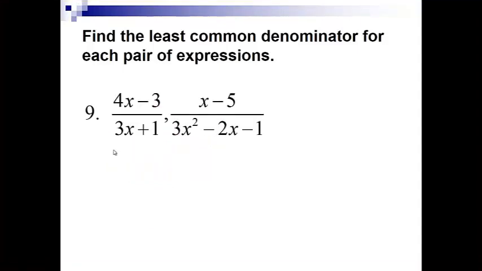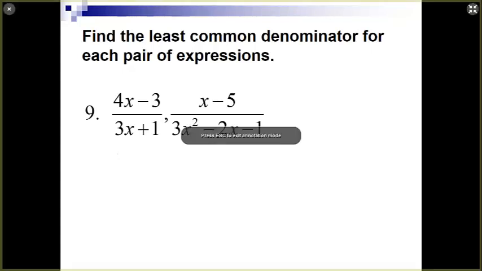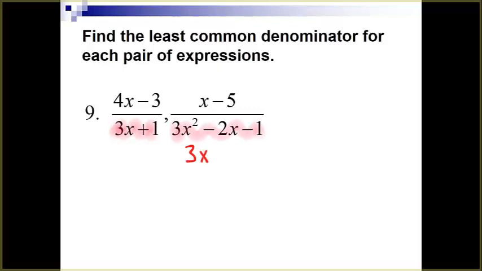All right, so how does this get slightly more complicated? Well, let's see. We've got the 3x plus 1 as one of the denominators, so that one's already factored. We're going to factor this one right here. It becomes 3x plus 1 and then an x minus 1. So now we're looking for the highest power or highest exponent of each binomial expression. When I say binomial expression, we have the 3x plus 1 and the 3x plus 1.